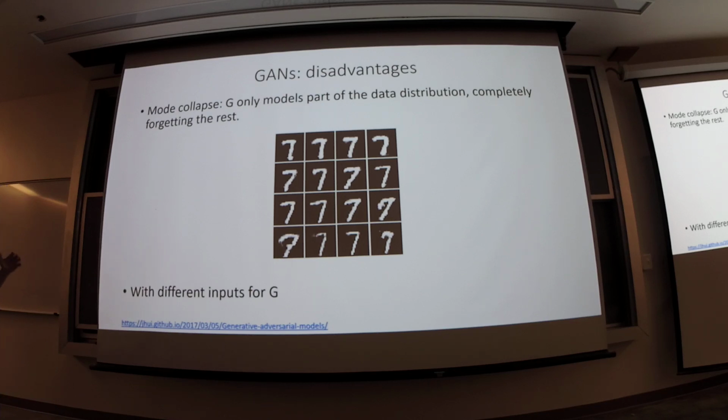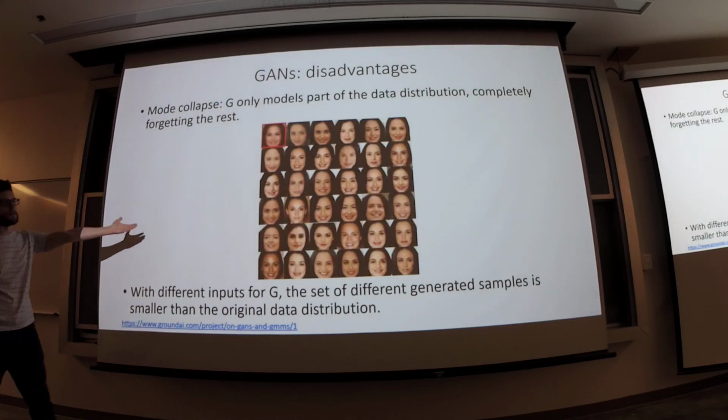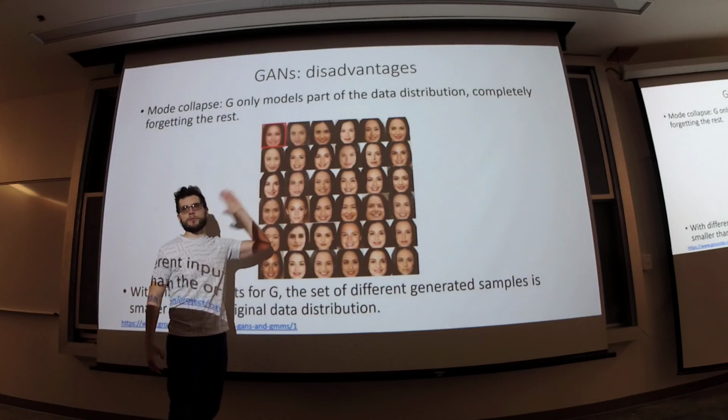So this is a problem that has been studied in GANs. Even here, as you can see, these faces look pretty legit, but the variability between them is almost 0.